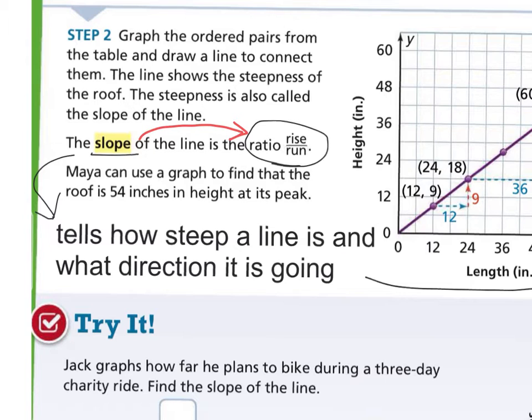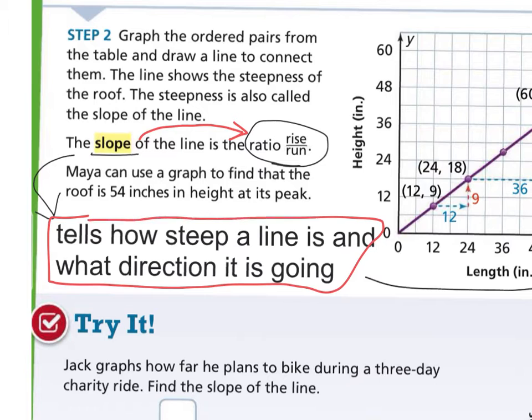Another thing with slope is it tells us how steep a line is and what direction it's going. As we learn more about slope, the number part of the slope is going to tell us how steep the line is. And then there's another part we'll talk about in a little bit that's going to tell us what direction it's going in.